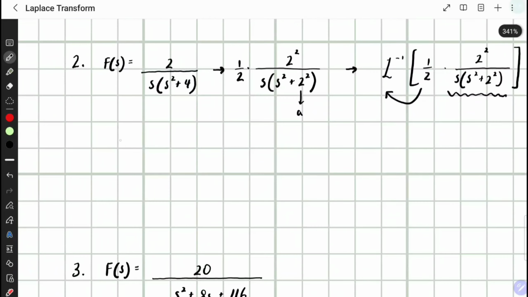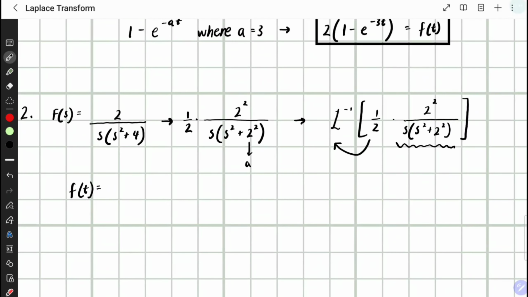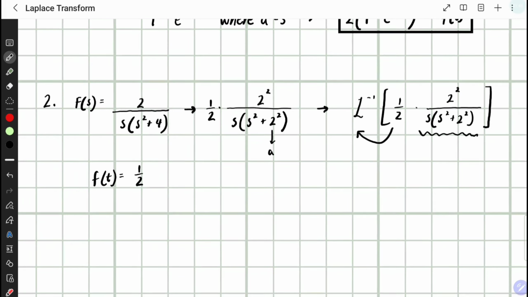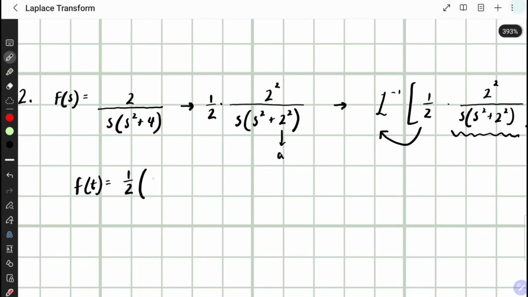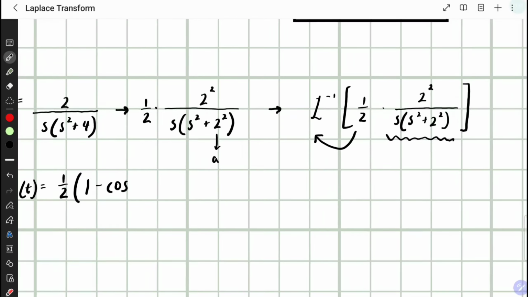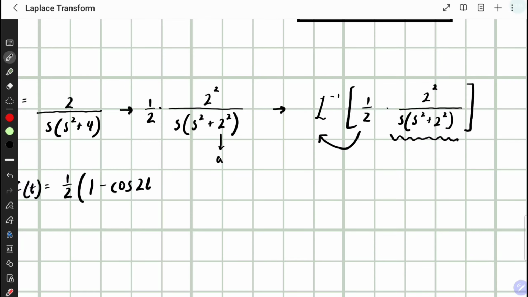So our f of t is equal to, don't forget our 1/2 factor, times 1 minus cosine at, where our a is 2.